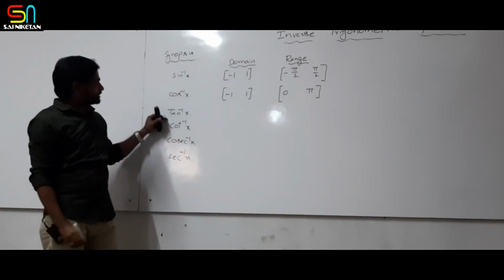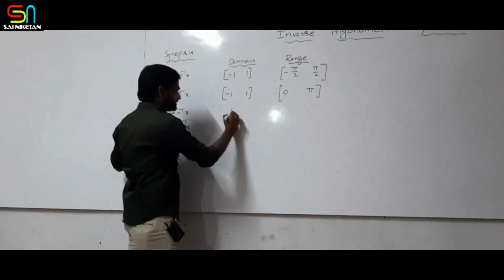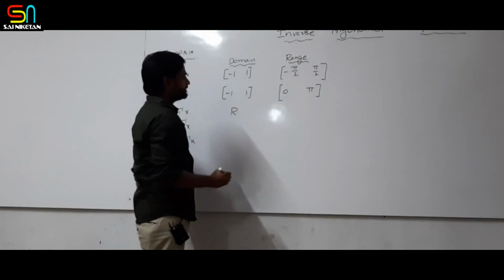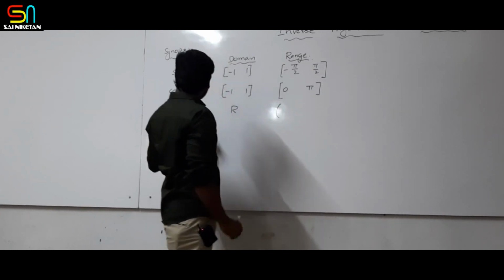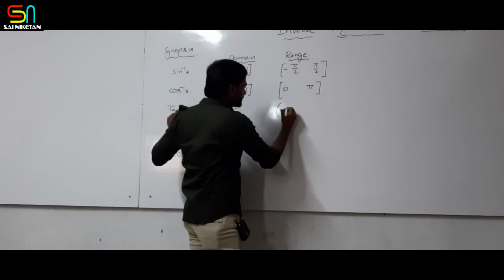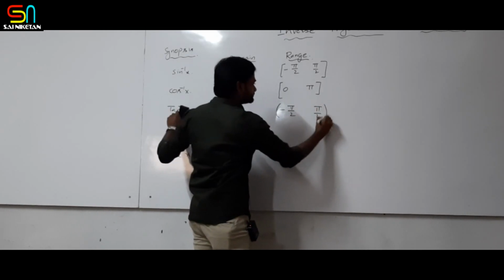Next, coming to tan inverse x, the domain is real numbers, and the range is the open interval of minus pi by 2 to pi by 2.